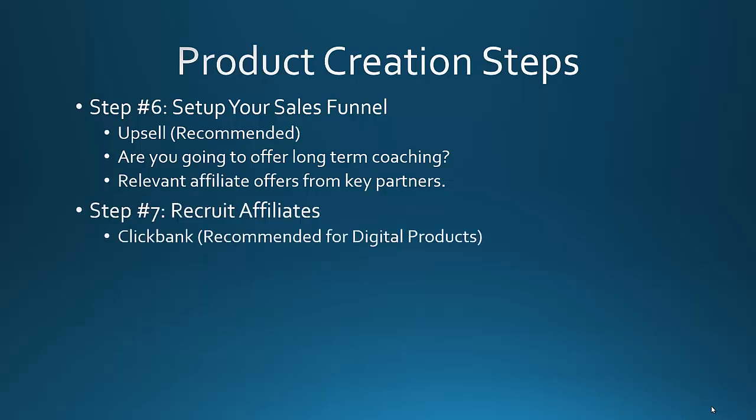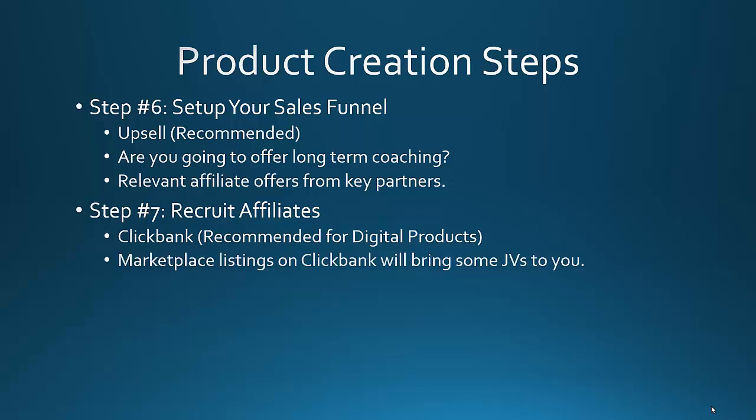Step number 7 is to go about recruiting affiliates. ClickBank is great because you need a platform that tracks the sales that affiliates make, and ClickBank gives you that option. It has the marketplace listing on ClickBank, which will actually automatically bring JVs to you by default. They will find your listing in the ClickBank marketplace and come to you. You can actively contact current product creators within your niche market.